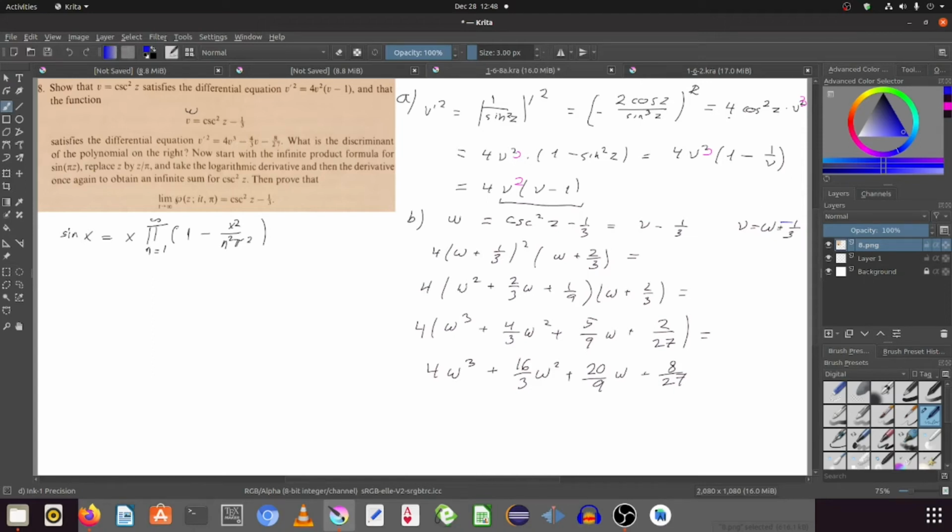That's plus. This should be minus 2/3. So it's 2/3 omega square minus 2/3 omega square, cancel out, and then a 1/9 minus 4/9, that's minus 1/3 times 4, that's minus 4/3 omega.